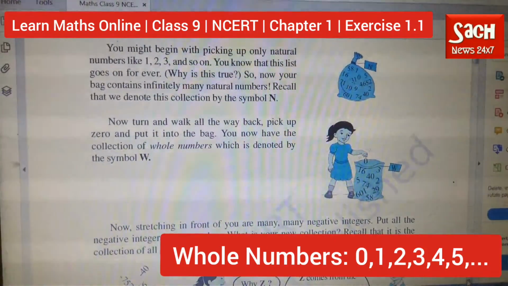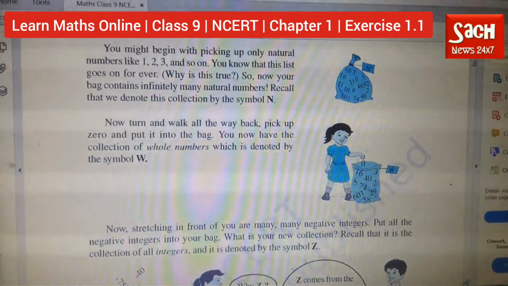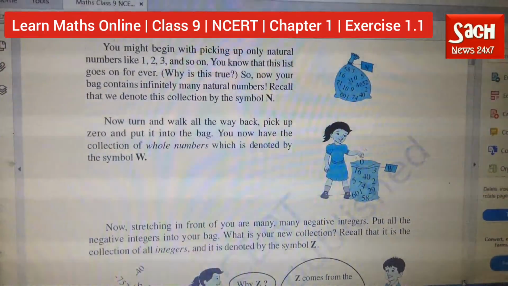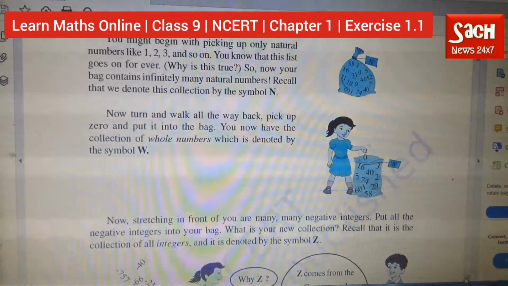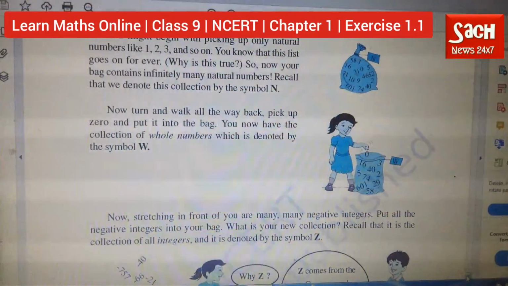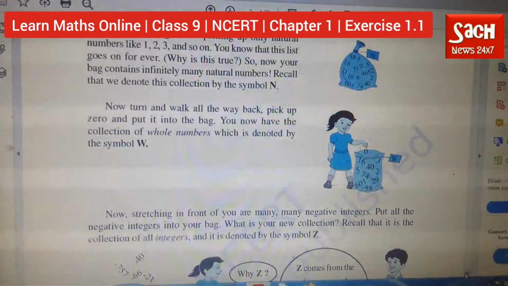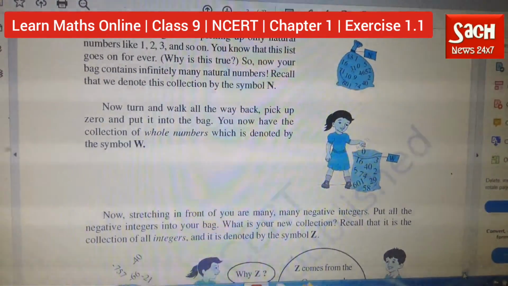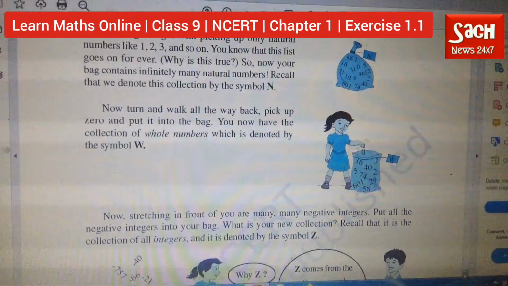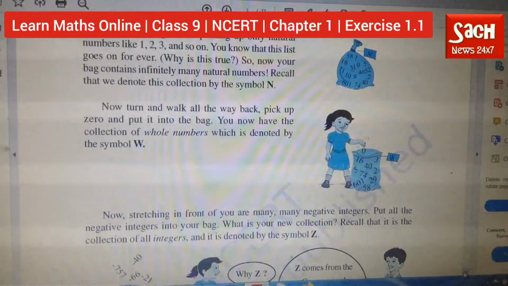We represent natural numbers with the symbol N and whole numbers with the symbol W. And on the number line we can also see the negative numbers. The negative numbers and positive numbers make another number system that is called integers. Integers are denoted by the symbol Z.